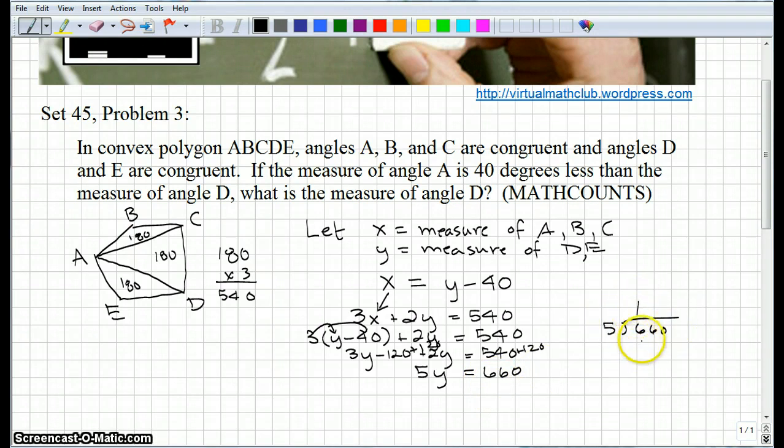If I divide both sides by 5, y is equal to 132 degrees. And remember that y is the measure of angles D and E, which is what we want. So hey, look at that. We combined a little algebra, a little geometry, and there we go. The answer is 132 degrees.